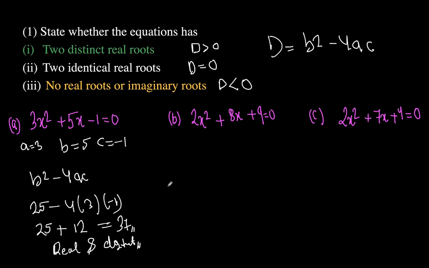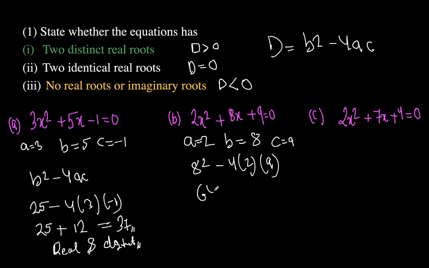Now let's calculate for the second problem. Here we have a equal to 2, b equal to 8, and c equal to 9. So let's calculate b square minus 4ac. So b is 8, so 8 square minus 4 into 2 into 9. So here you will get 64, minus 4 times 2 times 9, let me calculate this one.